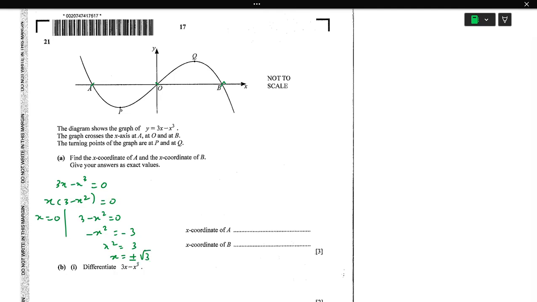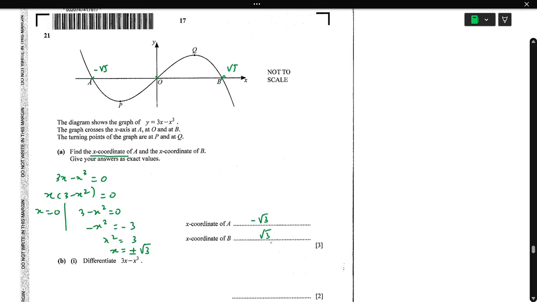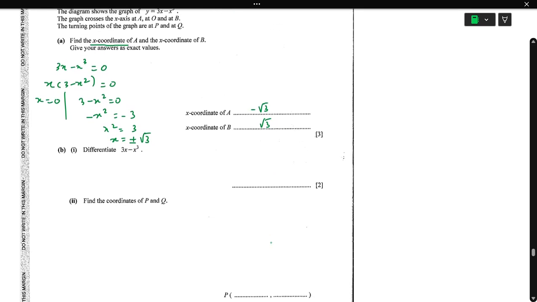A is minus root 3 because it's on the negative side, and B is positive root 3. We need only the x coordinates, so y is not required. If they asked for coordinates, then minus root 3 comma 0 and root 3 comma 0.